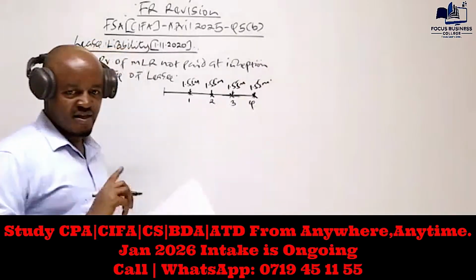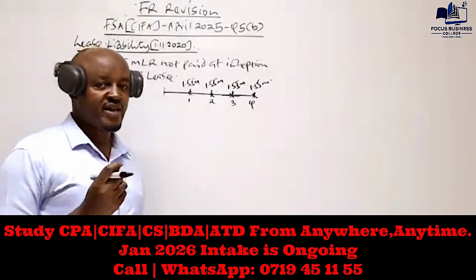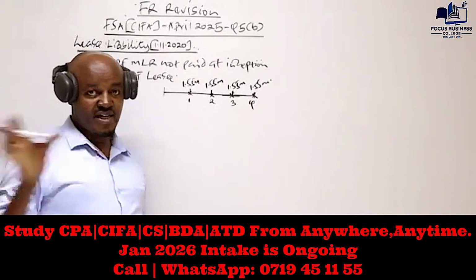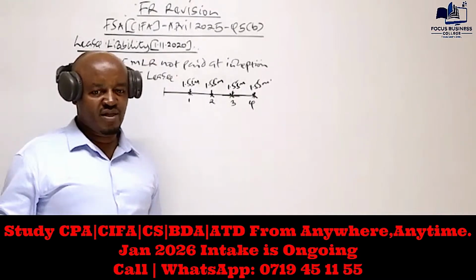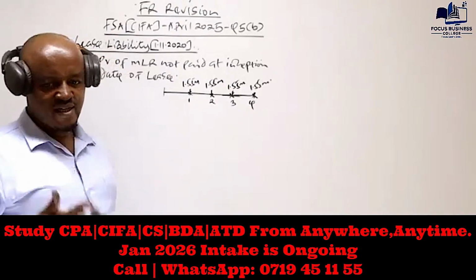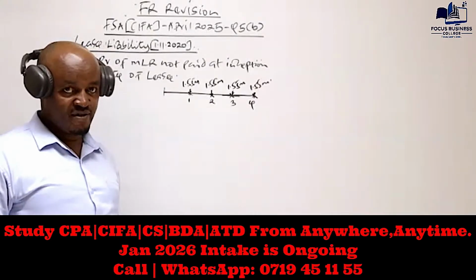And if you check this particular question, you should note that it is different from the other question which we did in class the other day, a question which was examined in December 2024. Remember, the minimum risk rentals were payable at the start. So I want you to see the difference.